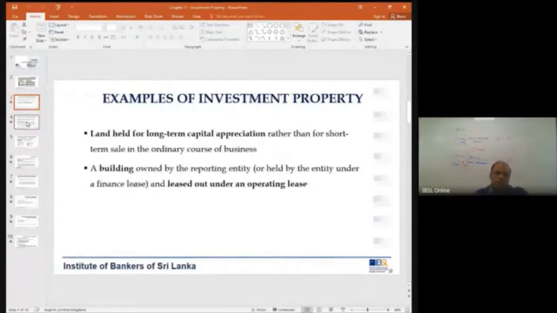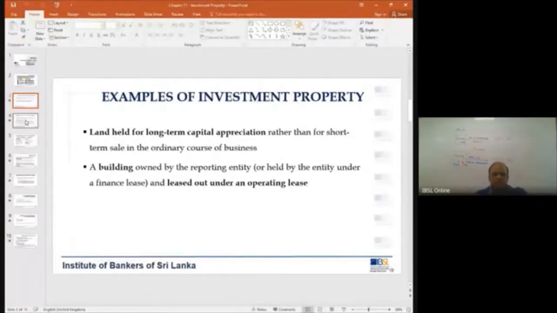So what I was talking about is the examples of investment property, whether you are holding it for long-term capital appreciation or it is a building owned by the reporting entity and leased out on an operating lease.